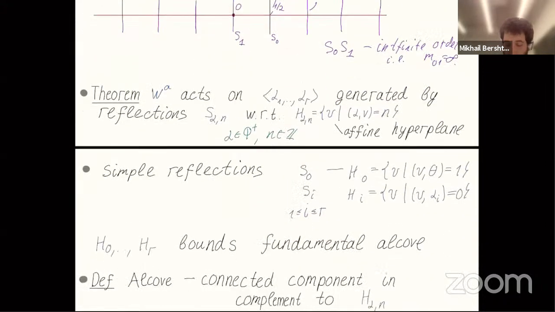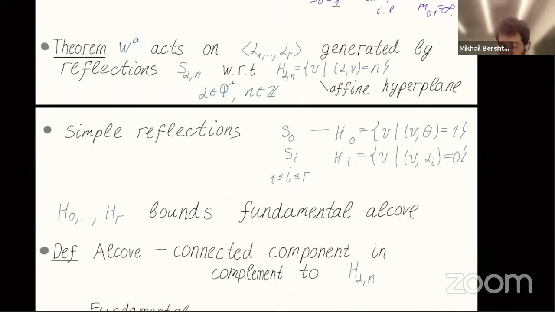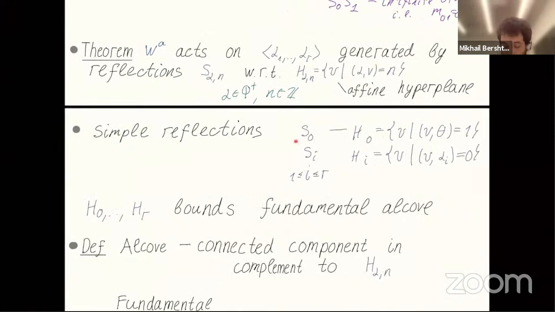Okay, so here I talked about all reflections. Now I come to simple reflections. The affine hyperplanes are determined by these formulas, and for all simple roots except the affine simple root, the n is 0. So the hyperplane is just the scalar product of v with alpha i equal to 0, and the hyperplane which corresponds to the affine root is given by this formula.